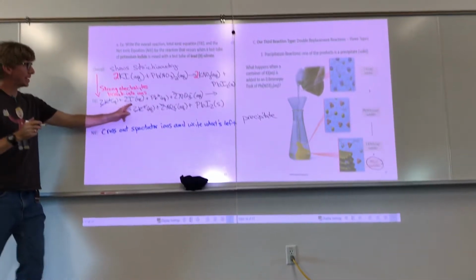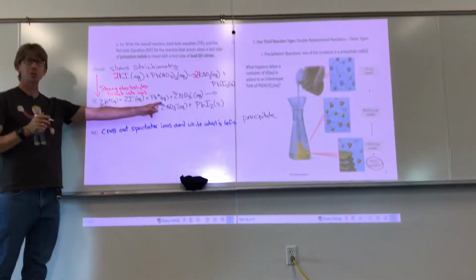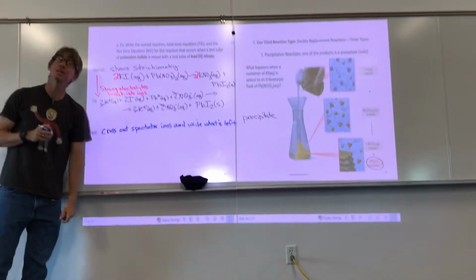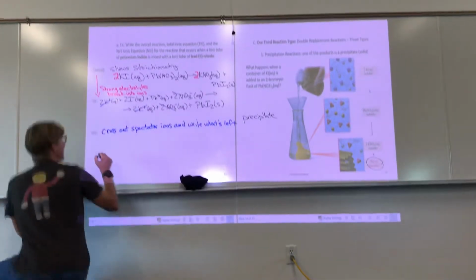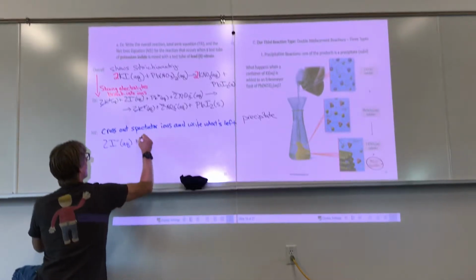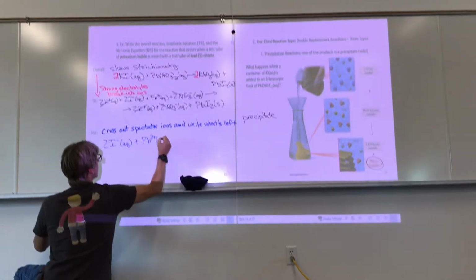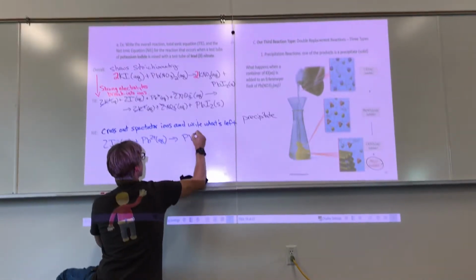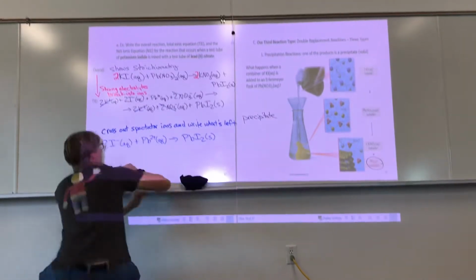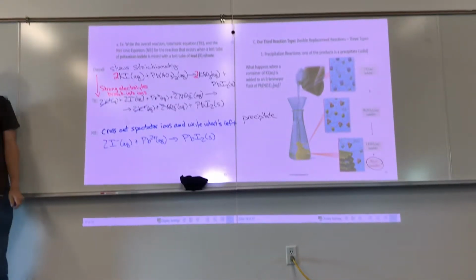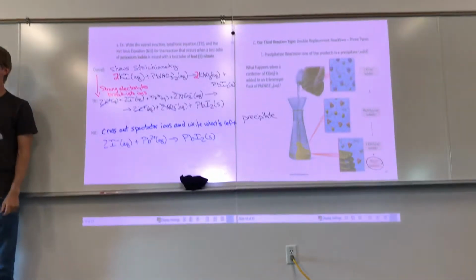We have 2 I minuses and lead 2. It doesn't matter which order. I tend to write them in the order they occur in during the TIE. I get 2 iodide ions plus 1 lead 2 ion make lead 2 iodide solid.